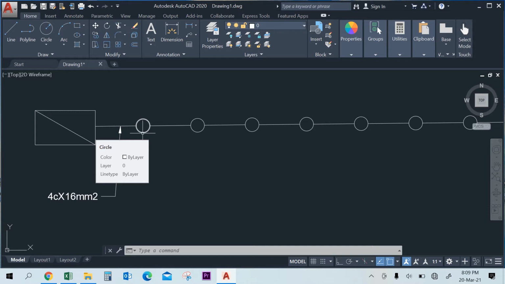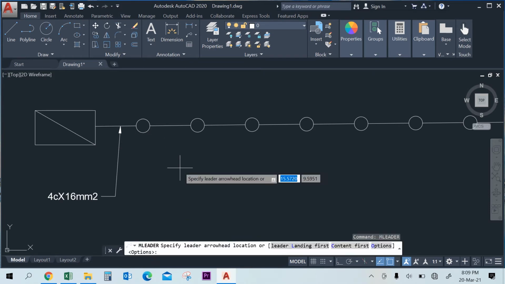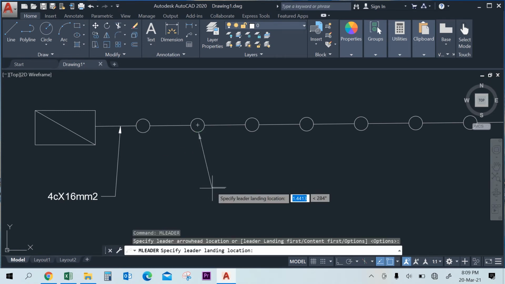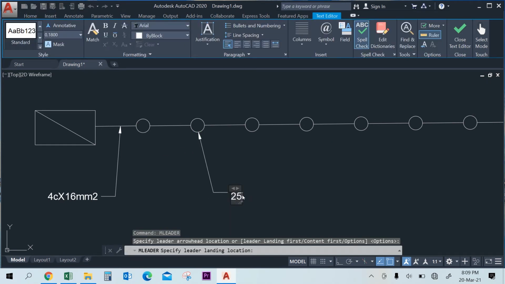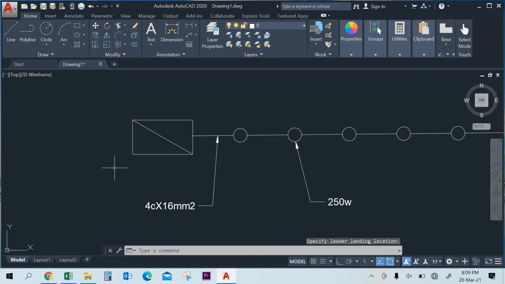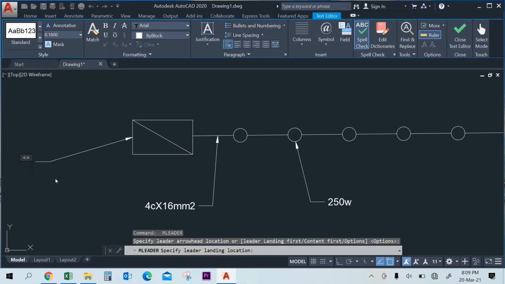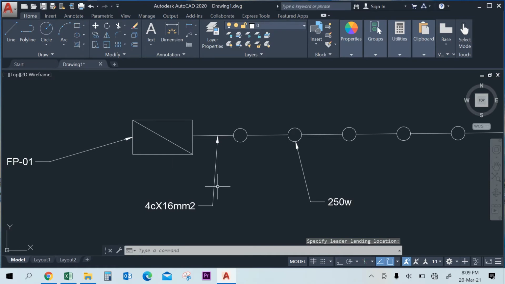It depends on the client requirement. So I assume here 250 watt. And this is the feeder pillar. I'm just naming this feeder pillar number 01.